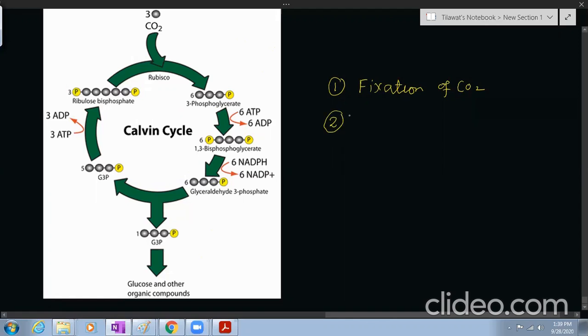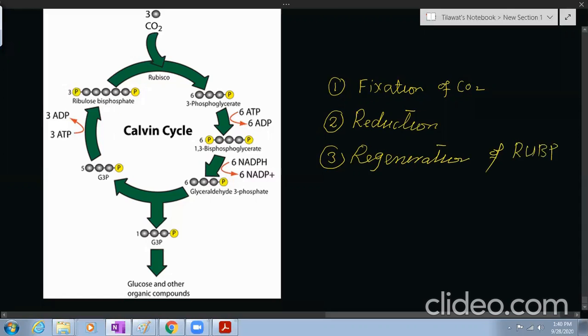Second, the reduction phase of this cycle, in which reduction of substrate will take place. And third one, regeneration of RuBP, ribulose biphosphate. This RuBP will regenerate.